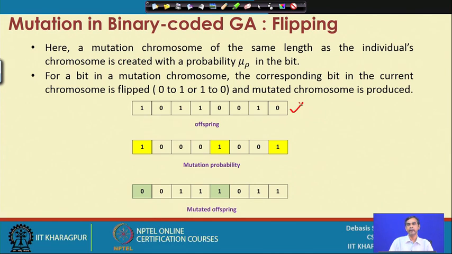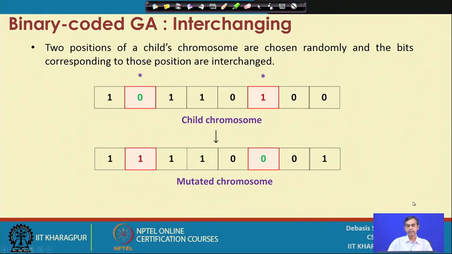If you want very high diversity, you can go for a large number of child chromosomes, and for smaller diversity, fewer child chromosomes can be considered for mutation. So, this is the flipping operation, and I will discuss the next mutation operation.